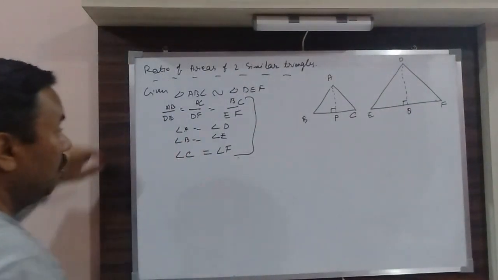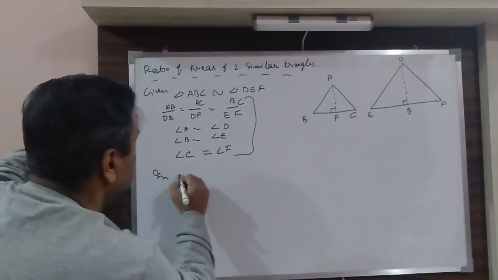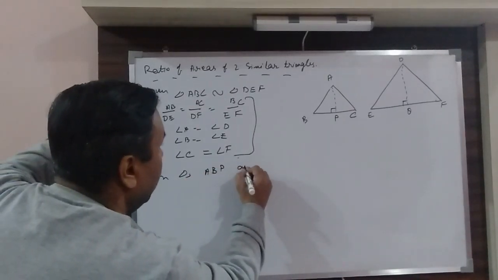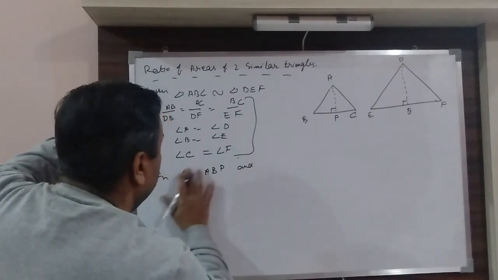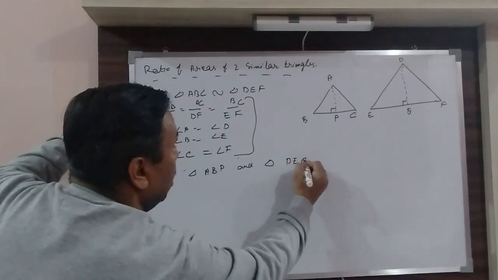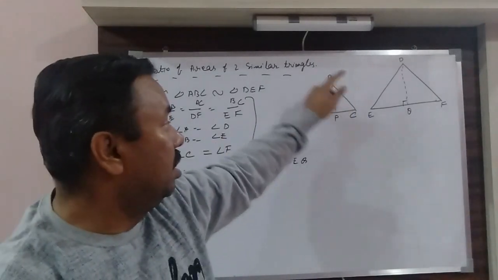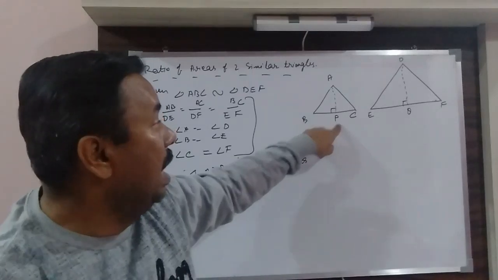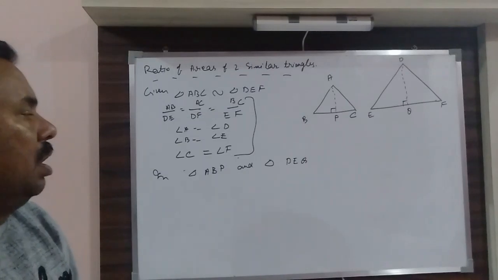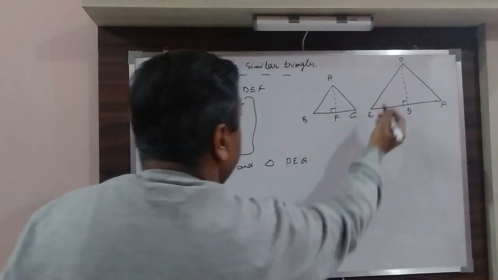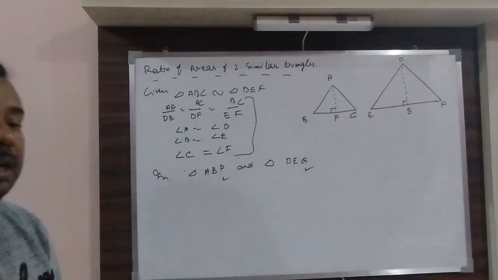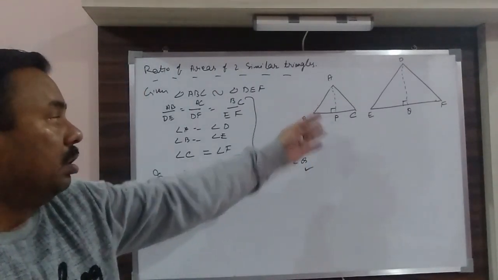Now you see, in triangles ABP and DEQ, just visualize it, there is one angle of 90 degrees: angle P is equal to angle Q, because I have drawn the perpendicular.